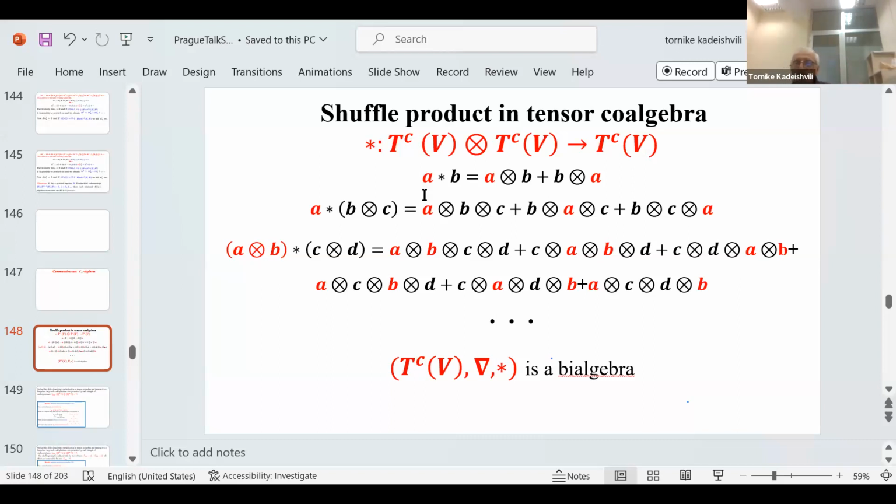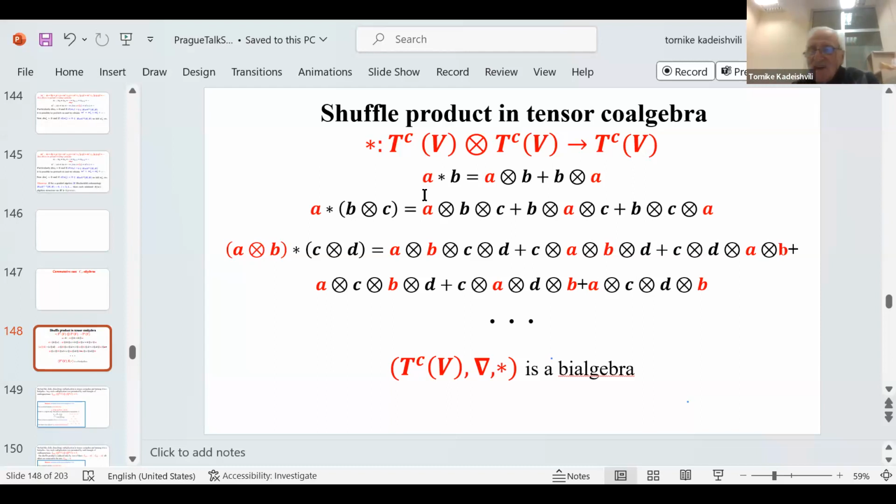There is also the tensor algebra, but the tensor algebra and tensor coalgebra standard free maps are not connected to each other. They do not form the B algebra. But there exists the so-called shuffle product.